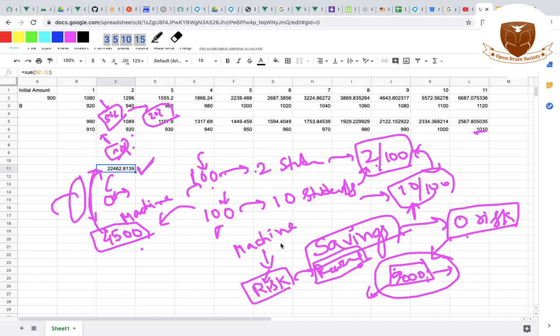If you can get the whole reward with zero risk, that's the ultimate, but that never happens. You have to take some risk. But there are certain situations where you might find a machine which actually gives very good reward even with a lesser risk. If you can find such a machine, then you are on a path to financial freedom.